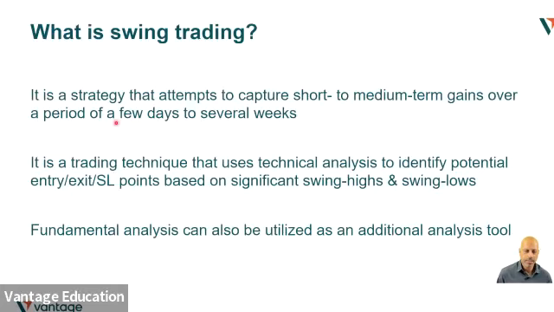It's a trading technique that uses technical analysis to identify potential entry, exit, and stop loss levels based on significant swing highs and swing lows. So we'll also look at how to identify these significant swing highs and lows as well. In addition, fundamental analysis can also be utilized as an additional analysis tool, or it can be utilized as a catalyst as well. For example, you may have already identified a swing high resistance, and you've already gone short after identifying that.